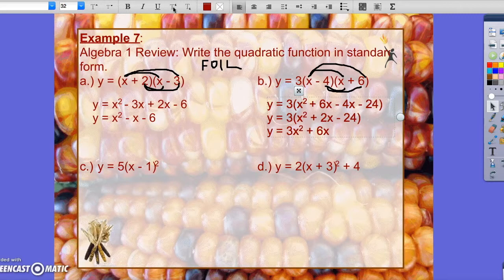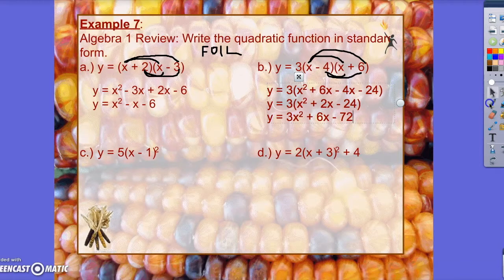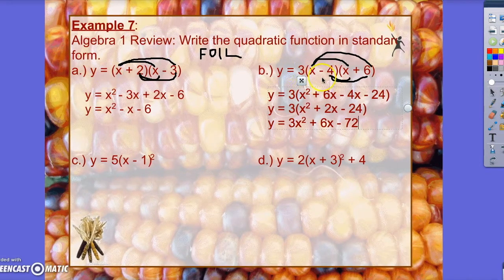And then 3 times negative 24 is negative 72. And that's your answer. So we go from FOIL here to FOIL with an actual 3 to multiply by the outside. Now let's take a look at the next one.